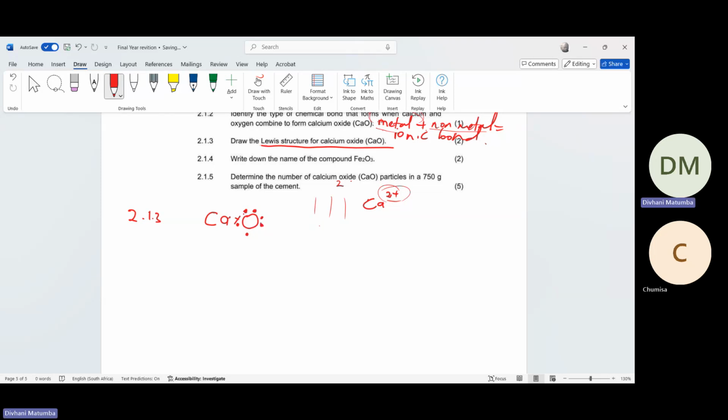How many dots? 1, 2, 3, 4, 5, 6. Yeah, sharp. Now, oxygen is going to gain 2 electrons that are coming from calcium. So this is what we have. Then this will be 2 plus. Calcium 2 plus. It will lose 2 electrons and become 2 plus.